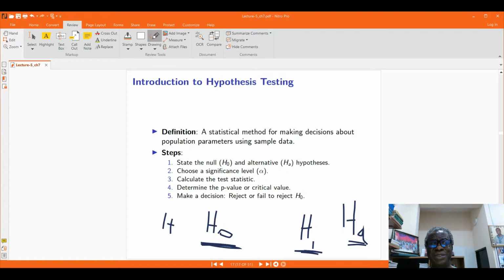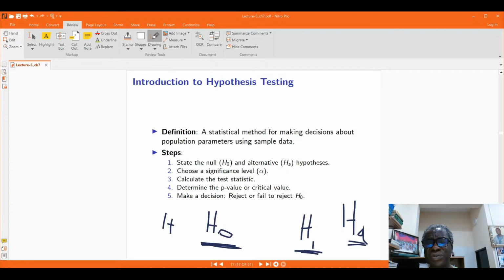True, one may not have committed an offense, but it doesn't make the person innocent or a saint. It's just that the available evidence at the moment doesn't really support the claim made by the prosecutor. So it's either we reject or we fail to reject the null hypothesis.